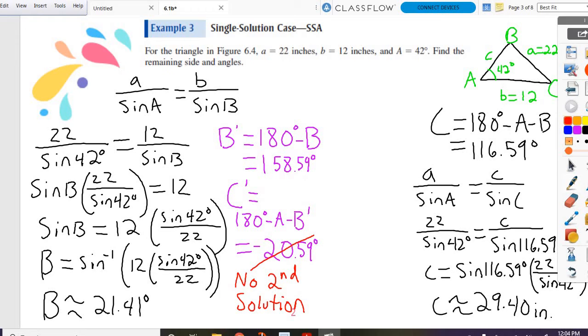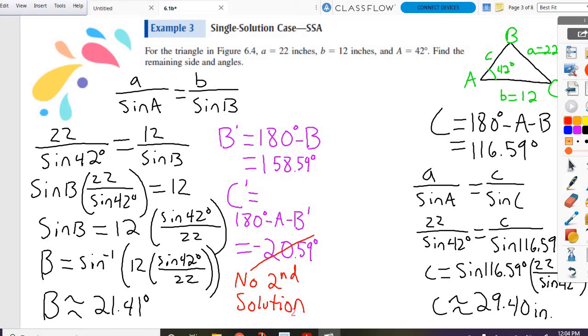Yeah. So would we ever do that for actual assignments? Or do we just do that for degrees? So if we got a second option for C, and we'll look at an example of this in a second, that is an actual angle, then we would want to go ahead and find our little c that goes along with that as well. Does that make sense? So potentially, we would have 3 answers for our first triangle, and then 3 answers for our second triangle, if there are two triangles.